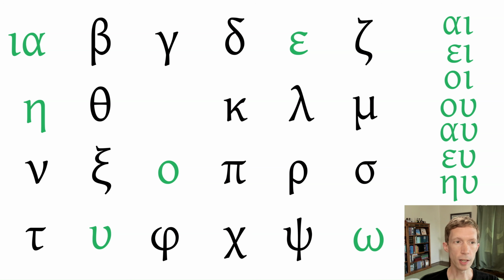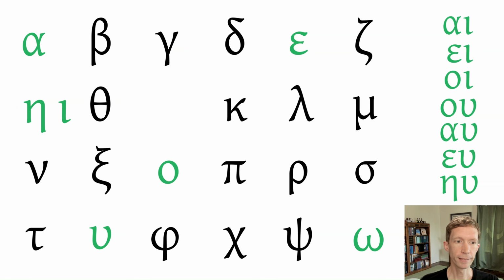But this is pronounced as iota, then alpha separately. So ia. This combination is a diphthong. It's pronounced e. This combination would be ia. E, eo. Just pronounce them separately when they're in this order because it's not in our list of diphthongs.